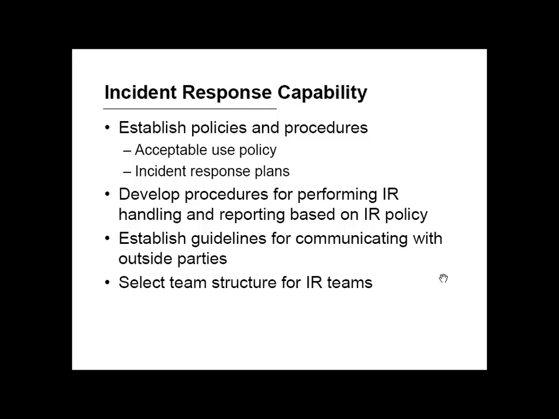For example, your business partners. If you have a business VPN set up between various business partners and you are the victim of a worm attack, then those worms could actually travel over the VPNs. Therefore, you would want to have guidelines for communicating with people who may be affected by your attacks.